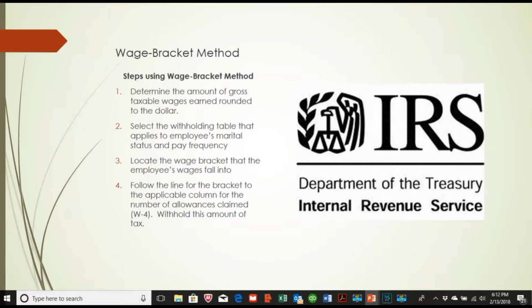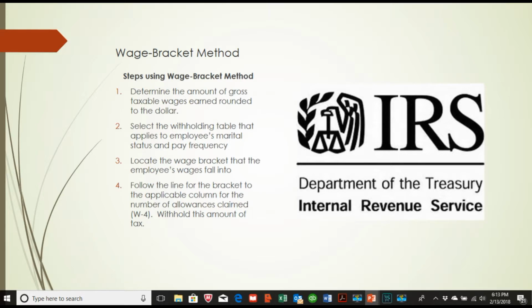Now, if wages happen to be higher than the last amount listed on the appropriate wage bracket table, which can happen with high wage earners, the percentage method must be used for that employee. There are two ways that we can calculate if an employee claims over 10 allowances.